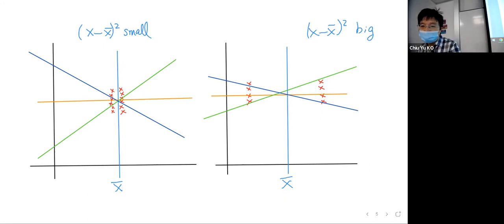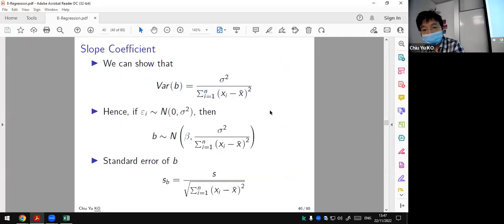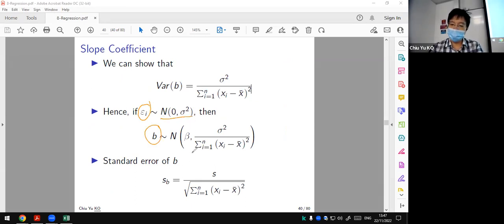So I hope I convince you, although I didn't prove it, that I tried to justify why this is the right formula. Of course, the proof we have to read, but we don't have time to go through it. So what we have again is, if the random term follows a normal, B follows a normal with this variance. This is the Gauss-Markov theorem.